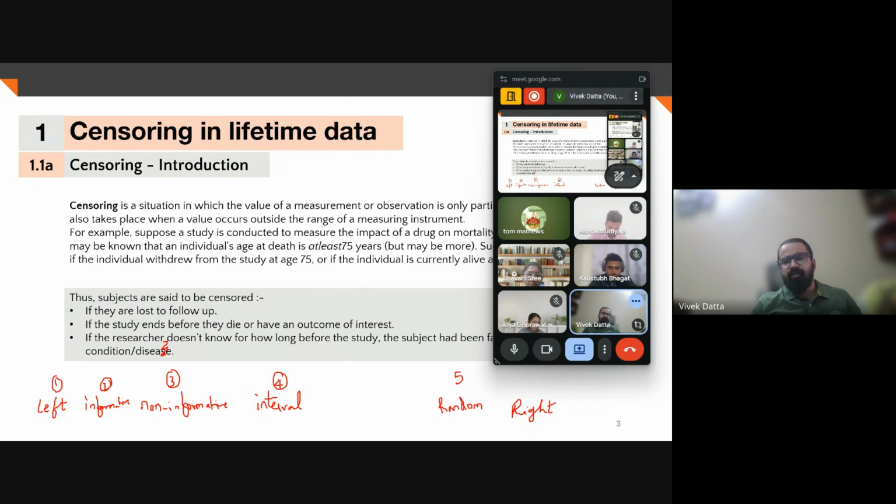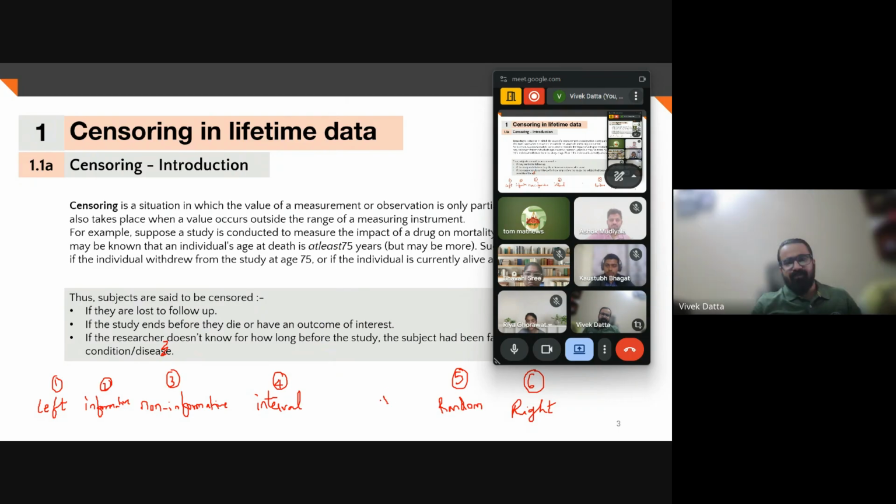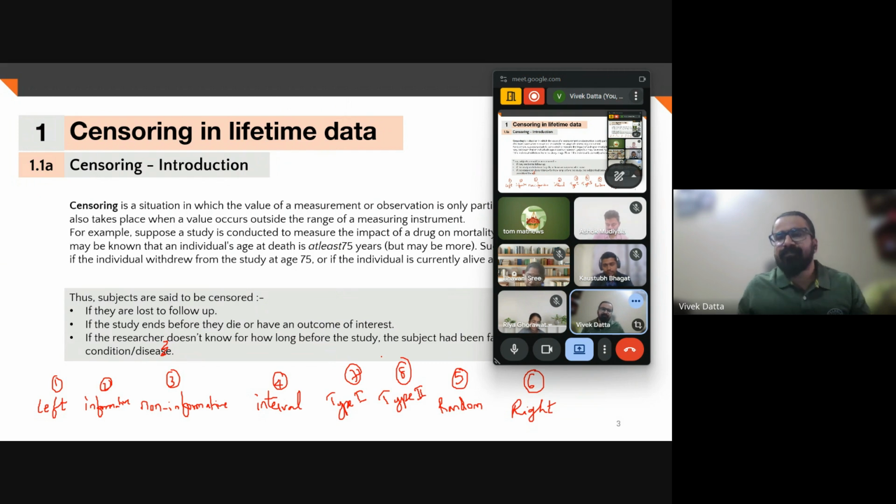Which is the most common disease in India, in the world? Diabetes. Which one? Type 2. It's so easy for you to remember if you link it. Do you think I remember this by heart?